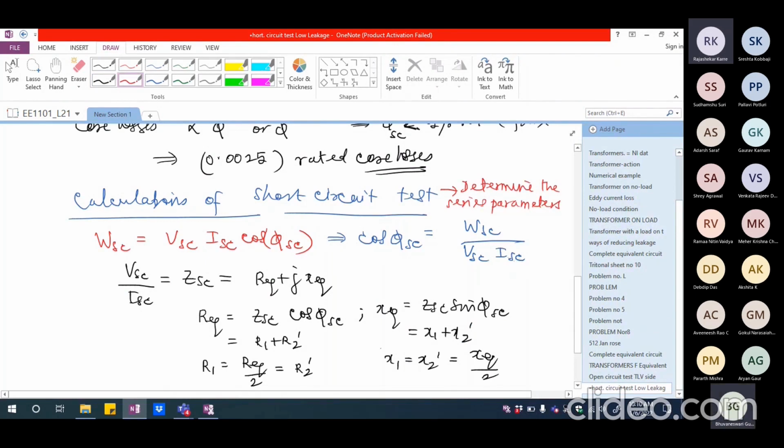Together they allow us to determine the series and shunt parameters, apart from determining the copper losses and the core losses. We call I square R losses the copper losses because they are dissipated in the copper conductor. Core losses are dissipated in the core of the transformer, so we call them core losses and copper losses specifically.